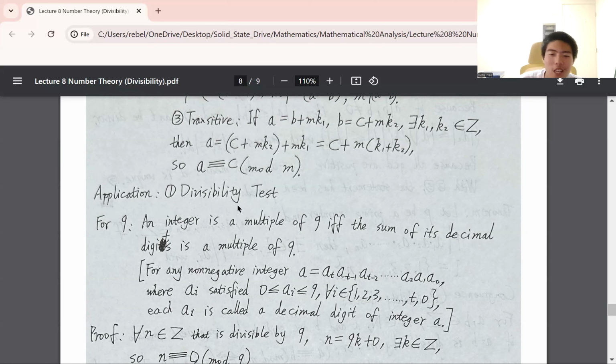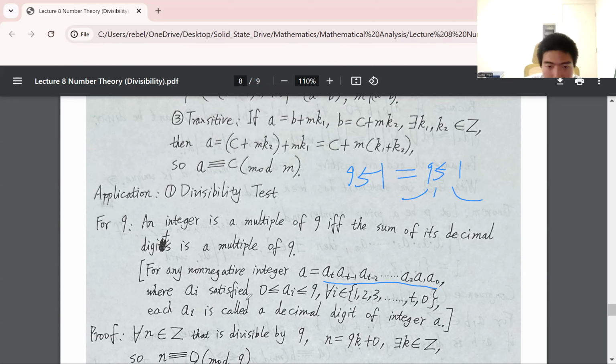And the decimal digit is defined here. If A is a non-negative integer written in this form, for example A is equal to 951, you can see it's made of 9, then 5, then 1, and each of them is a decimal digit.